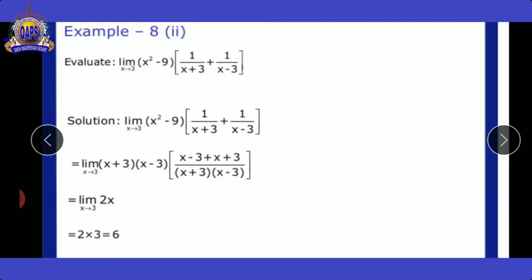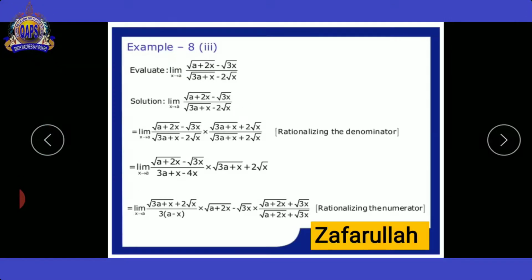Then 3 and 3 cancel. Then x plus x is equal to 2x. Now we put the limit in place of x, we put 3. Then 2 multiplied by 3 is equal to 6. Then this will become our answer.